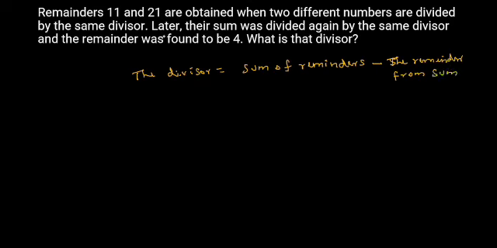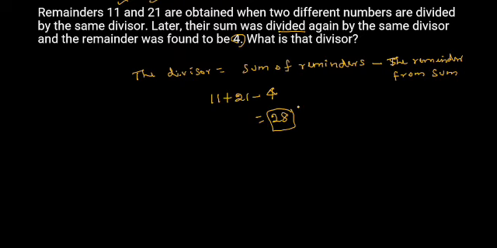So what is the sum of remainders? You have two remainders, 11 and 21. So 11 plus 21 minus the remainder from the sum, when the sum is divided by the divisor. Now what is the remainder at that time? It is actually 4. So minus 4. Now you know that 11 plus 21 is 32. 32 minus 4 is actually 28. So 28 is the number corresponding to this.